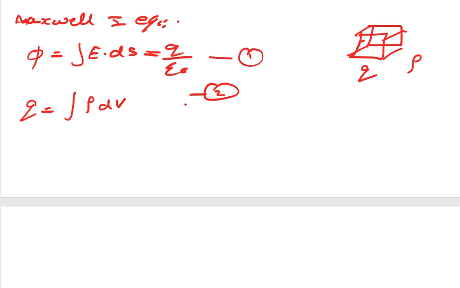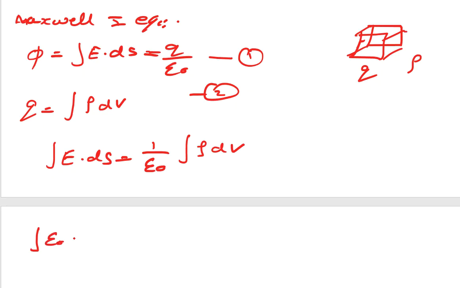Now apply equation 2 in equation 1, so that the integral of E dot ds equals 1 by epsilon naught times, instead of Q, the volume integral of rho dV. Now bring this epsilon naught to this side, so that the integral of epsilon naught E dot ds equals the volume integral of rho dV.